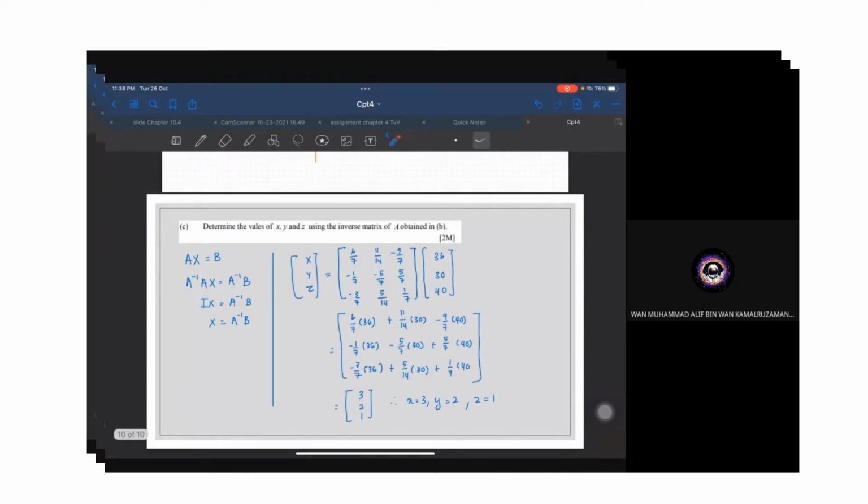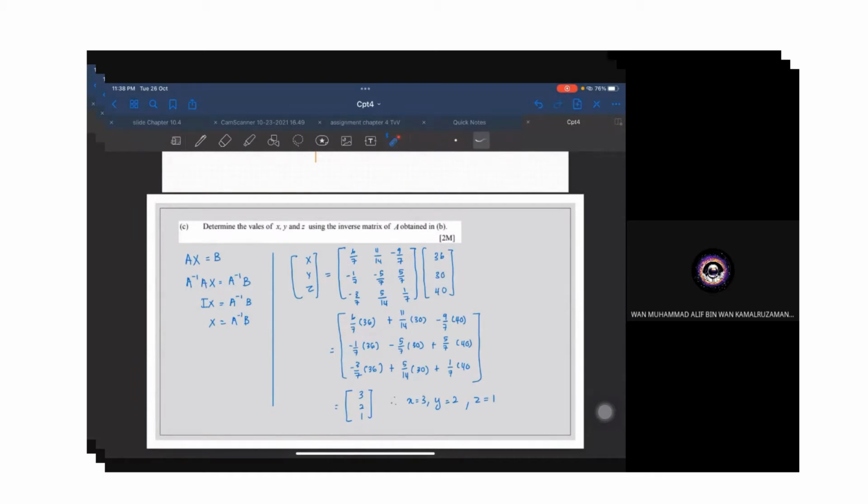Then we substitute the value of the inverse matrix of A that we got from B and the value of constant B that we wrote in question 1A.